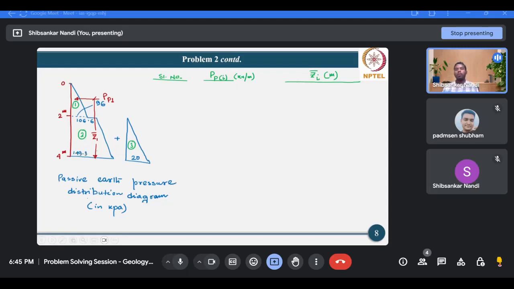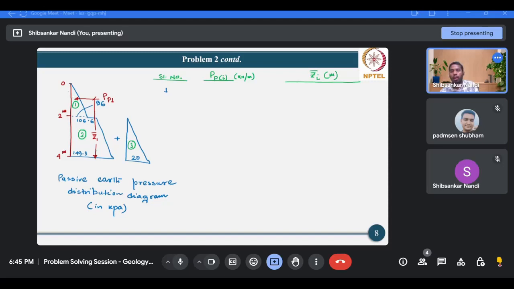Okay, so in this fashion we can calculate PP2 and Z2 bar, PP3 and Z3 bar, that we'll see. So this is your first passive force component, the resultant passive force component, which is a triangle.